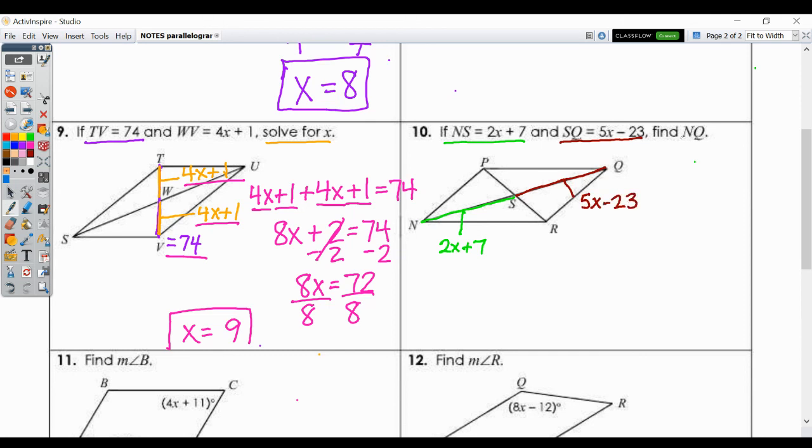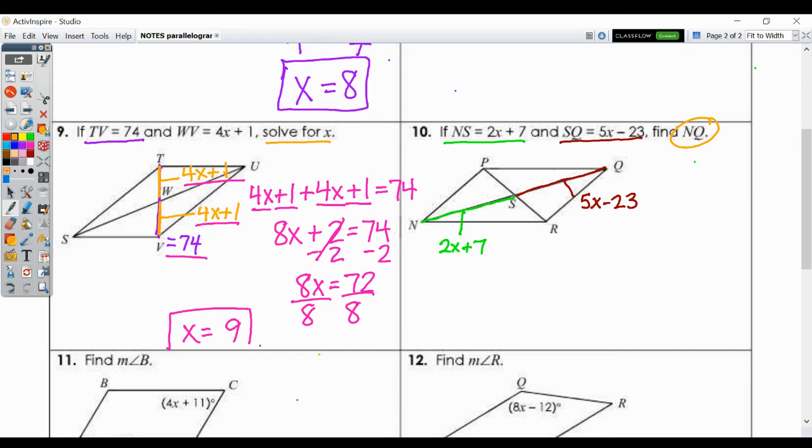And then it wants me not to find x, but it wants me to find NQ. Okay? To find the actual measure of NQ, we know we do this all the time. I've got to figure out what x is, and then I can plug it in to find out what the whole thing is, right? Okay?